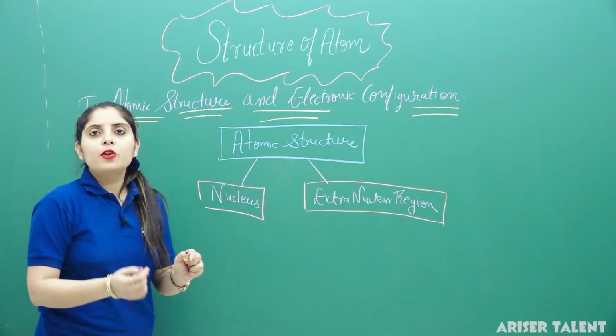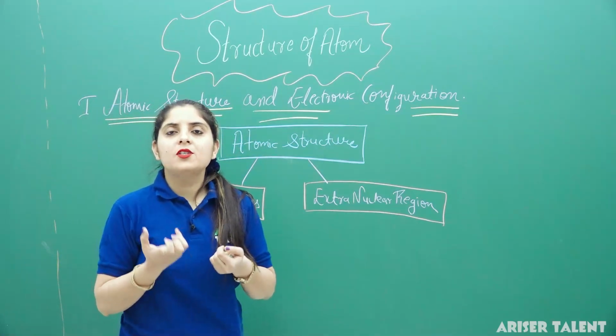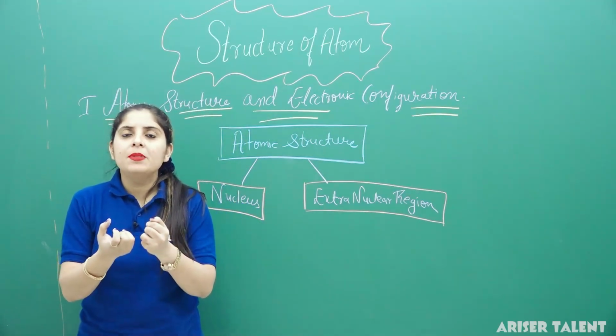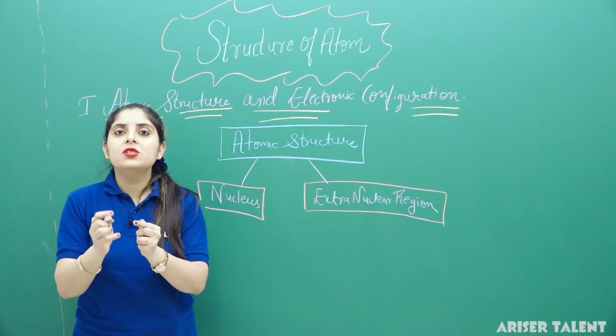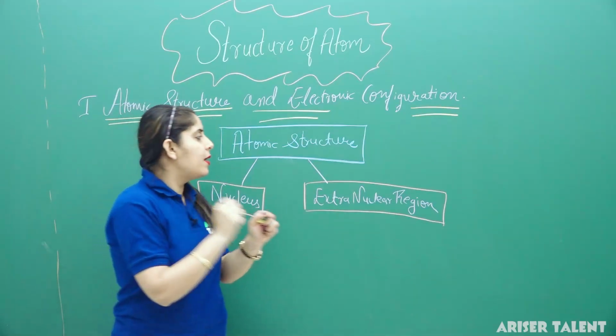In the atomic model of an atom, we have studied that the whole positive mass is accommodated at the center. It means the nucleus consists of neutrons and protons, and in the outermost shell, the electrons are going to revolve around it.